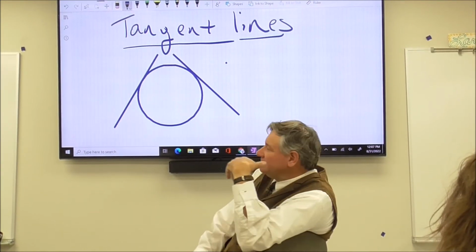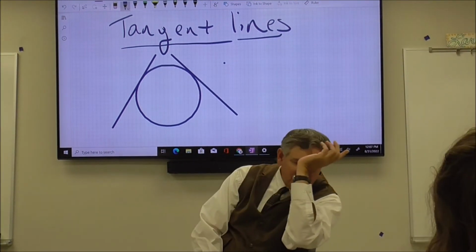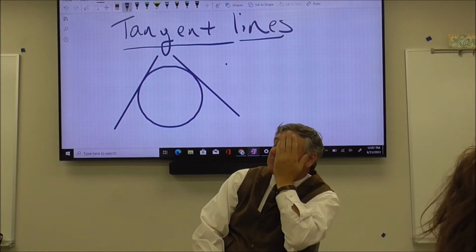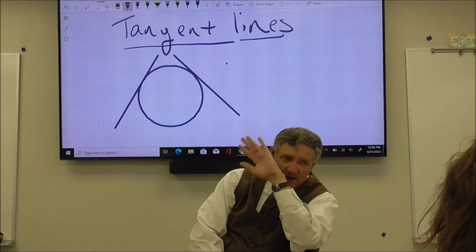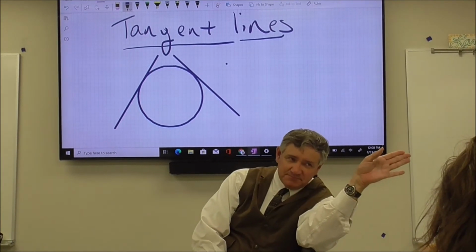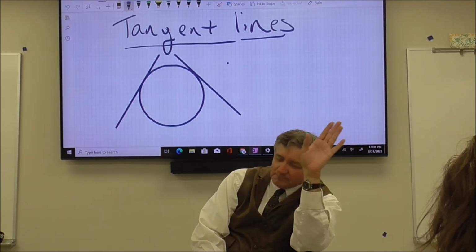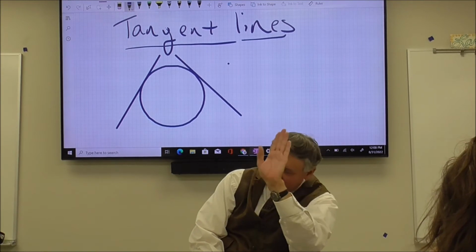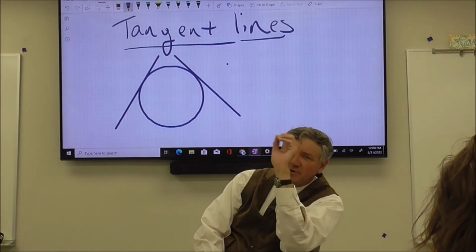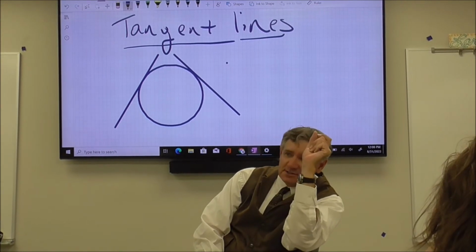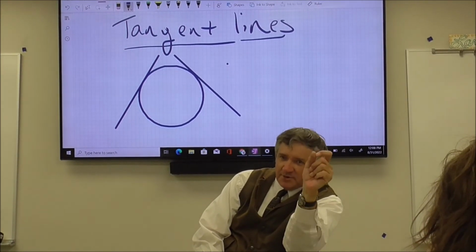Oh my god. Okay. Now, let's dig deep into your memories of the days when you were in geometry. And no, I'm not going to make you do proofs. But what do you know about tangent lines? How many points does a tangent line touch a curve?